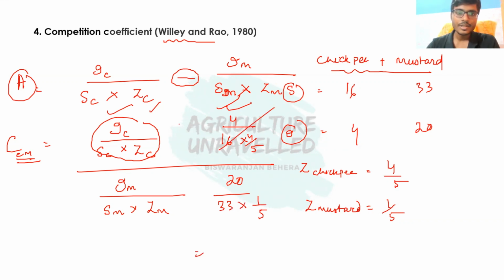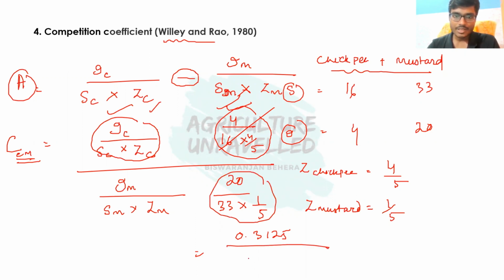So here it is 0.3125, divided by 3.03. If we solve this, the answer will be 0.103. Okay, so 0.103 is the competition coefficient.